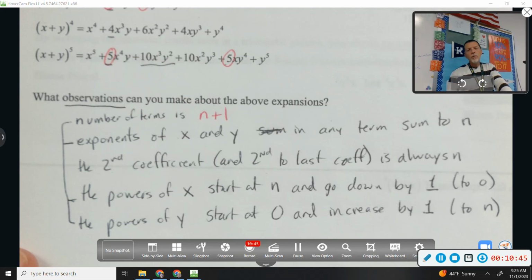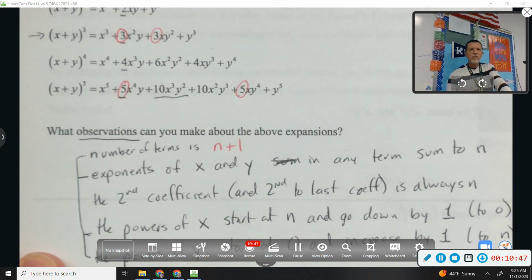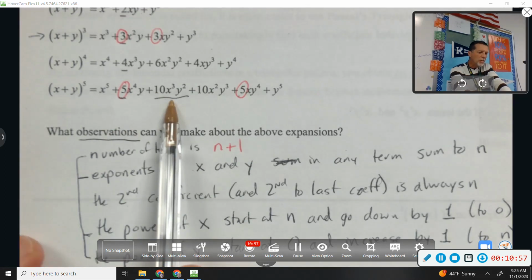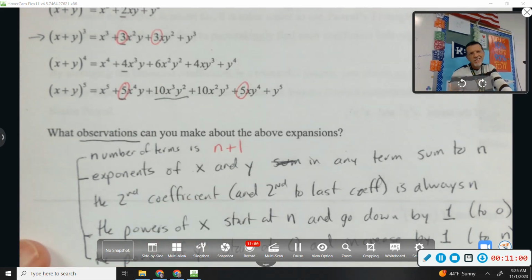All right, lastly, what about the coefficients? As you move left to right with the coefficients, they double by n. So like 5 to 10 doubles, but 4 to 6 doesn't double. Okay, you may be looking for too much.